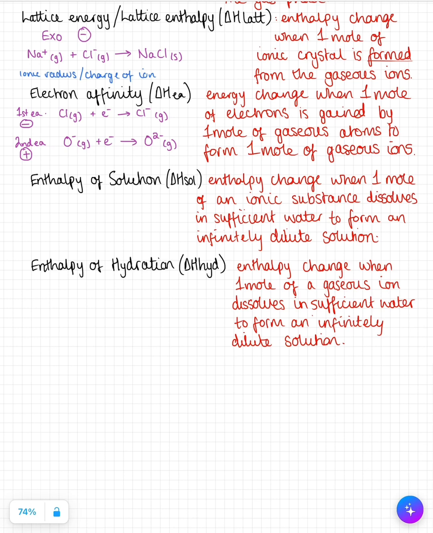Being endothermic means it requires energy to happen. So why might we need energy to gain another electron? Well, we are trying to add an electron to something that is already negative. Therefore, there is a large force of repulsion. So we have to overcome that force of repulsion to gain that second electron.